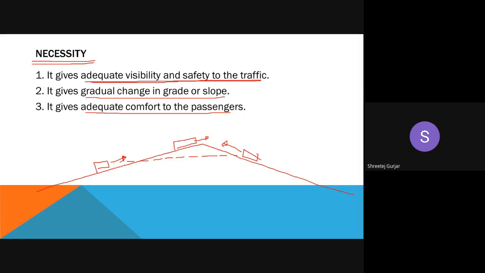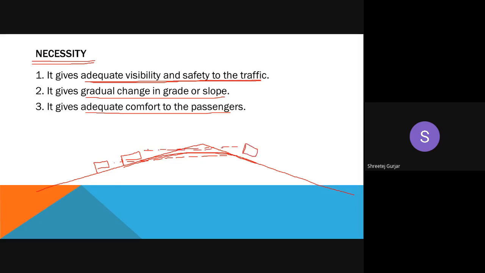So what can we do to avoid this? We can provide a vertical curve. We can cut the hill, cut the apex over here, and provide a smooth curve, so that once you reach here, you can easily see the other vehicle which is approaching towards you.